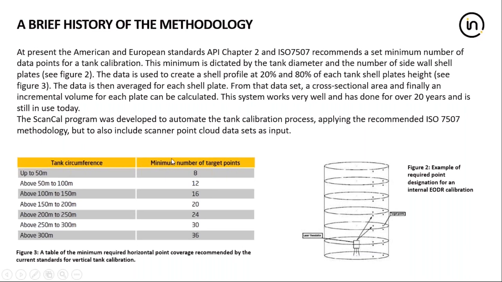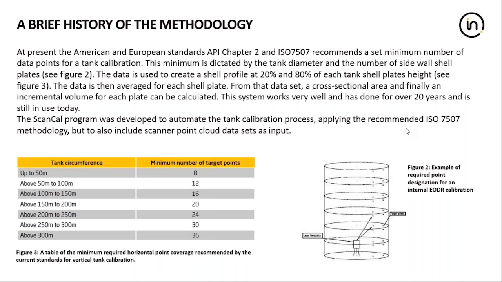So we use a set of indications or recommendations by the API in chapter 2.2D that indicate the minimum number of points that we need to measure for each of the rings within the cylinder. That is how we obtain the data that we later process into the strapping table.